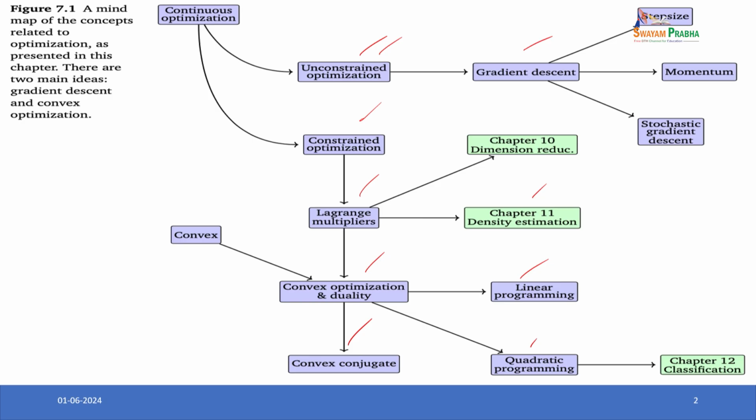These are all the things we have to check, and these can be easily mapped to related optimization ideas, and our focus is on gradient descent and convex optimization. That is the meaning of the flowchart.